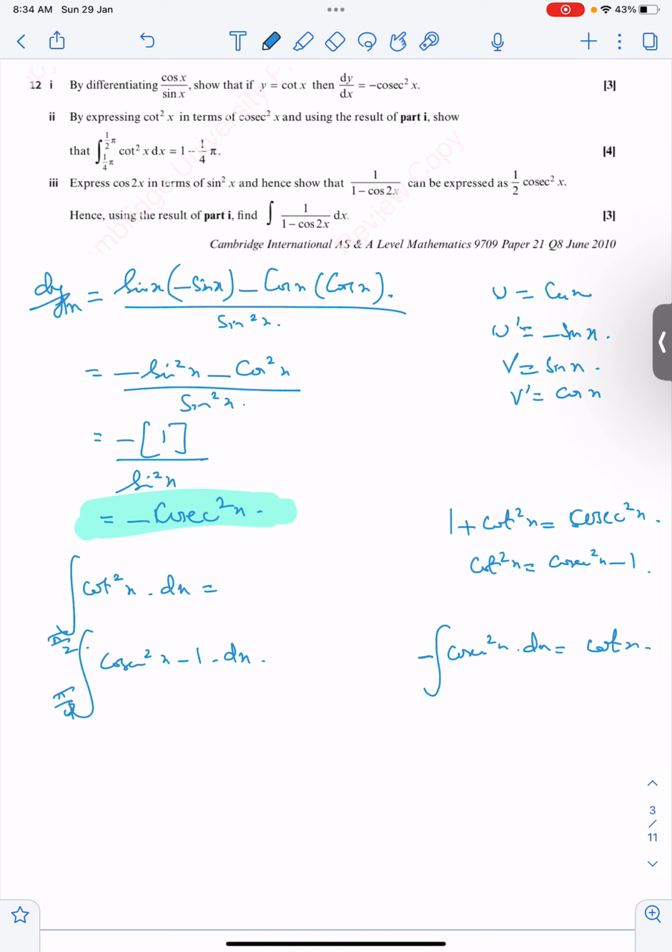So if you want cosec square x only, the integral will be minus cot x. So it will be minus cot x minus x, and then you put the boundaries, pi by 2 and pi by 4.